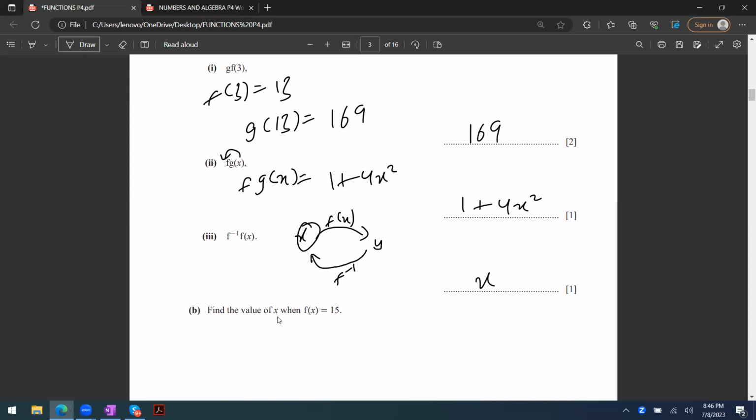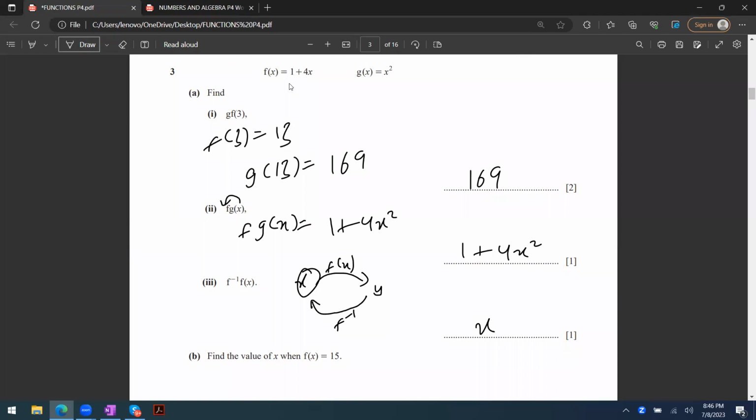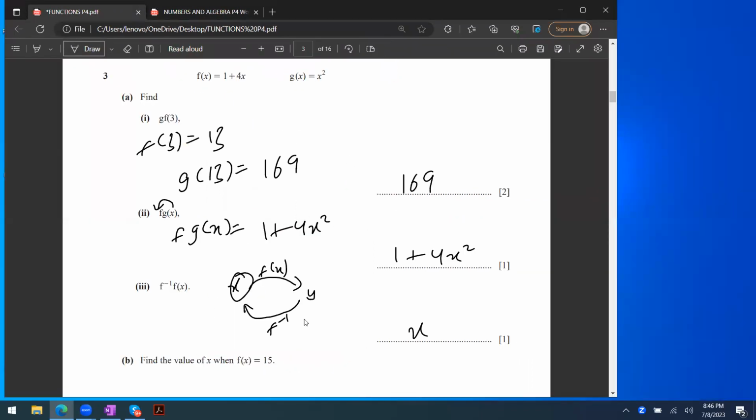Find the value of x when f of x is equal to 15. So just take the function f of x and equate it to 15. Okay. Please try this question. I'll wait for the answer. Give me the answer in chat, or you can say.